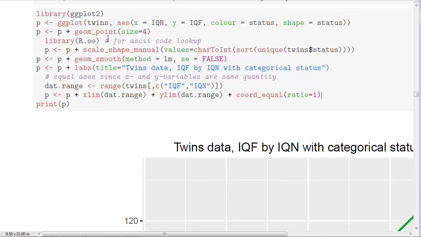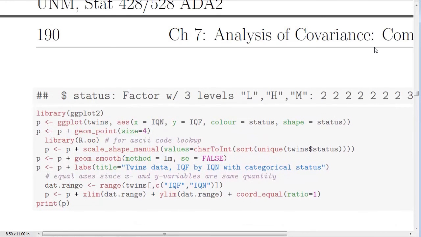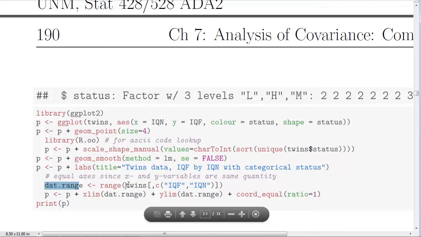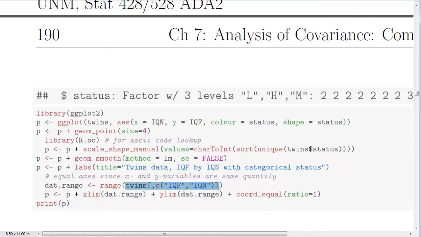Furthermore, I've also calculated, let's find this variable, the dat range. Oh, it's right here. Okay, so here I'm asking, what is the range of both of these columns, the Foster and natural IQs?